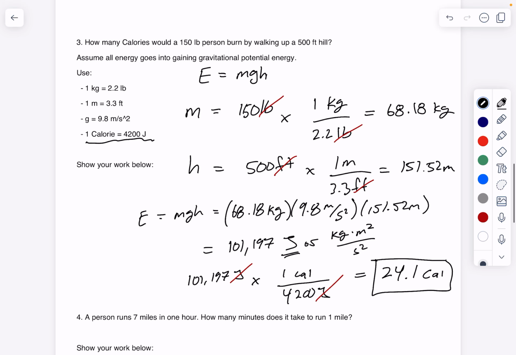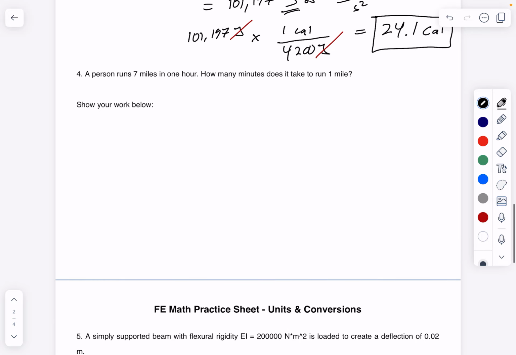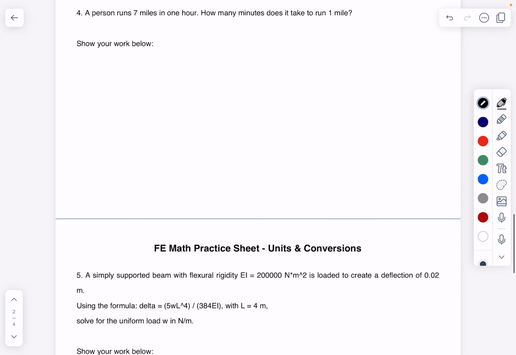So a 150-pound person that walks up a 500-foot hill or gains 500 feet in elevation due to their own work will burn 24 calories. That seems kind of low.